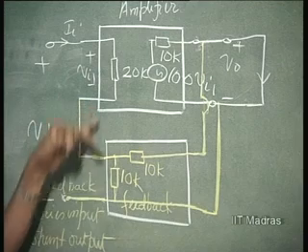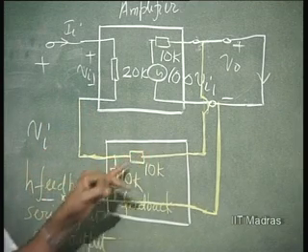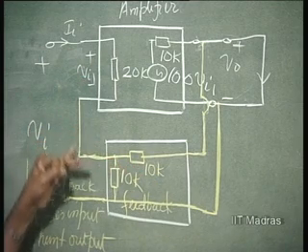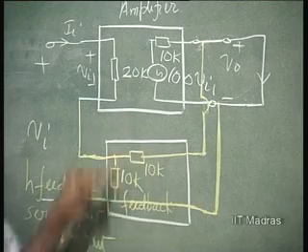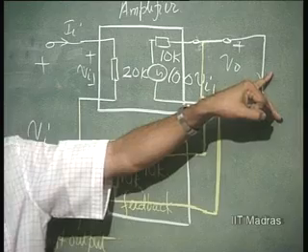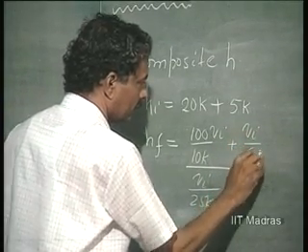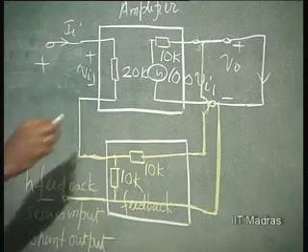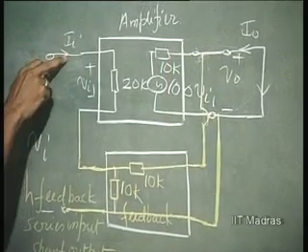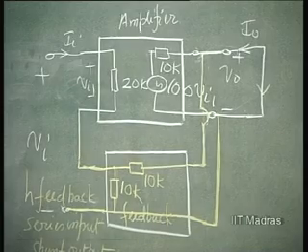This VI by 25K again gets split up, because equal currents flow in 10K and 10K. So, VI by 25K by 2, or VI by 50K, is going to further get added to this. Is this clear? I naught is this current, II is this current, and I naught by II is HF, the short circuit parameter.